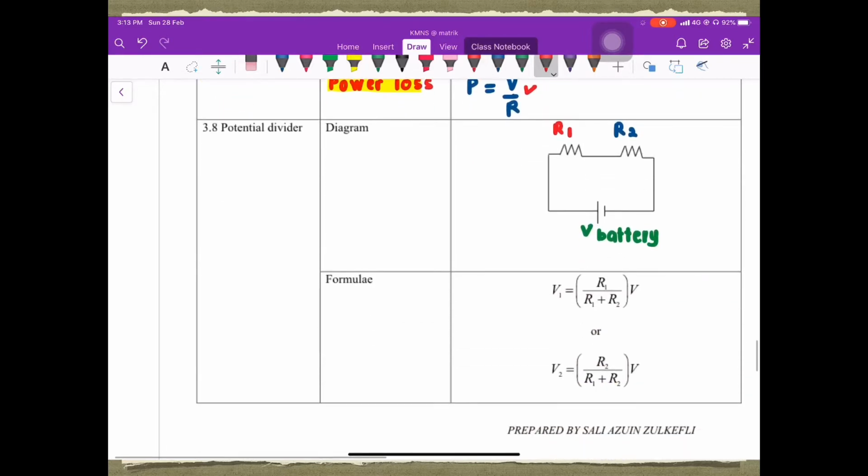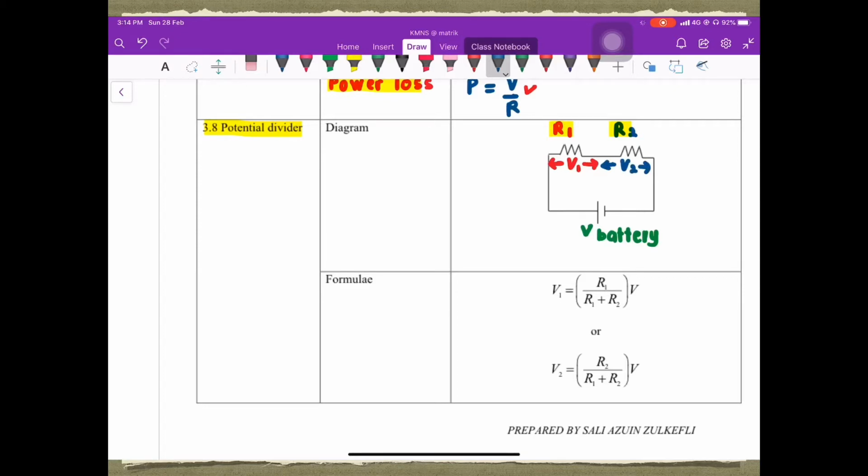Next, refer to the potential divider. This is R1, this is R2. We can label the voltage across R1 as V1 and the voltage across R2 as V2.